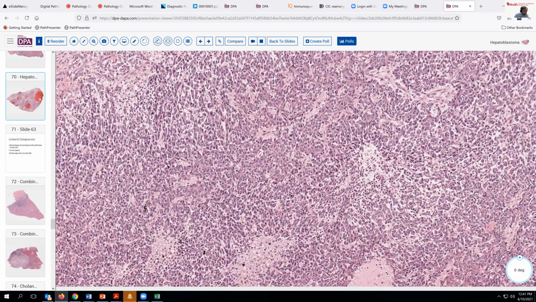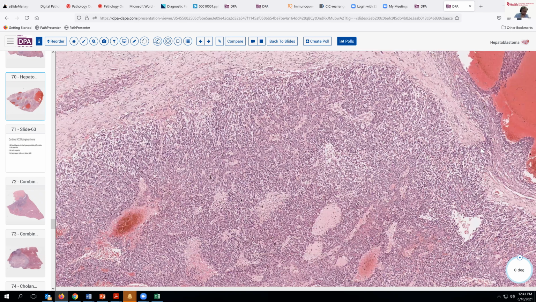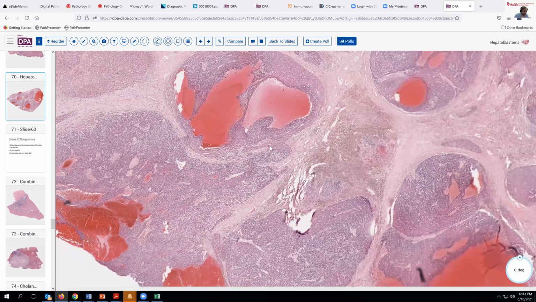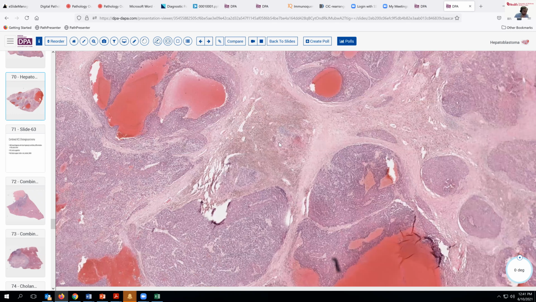Some necrosis can be seen in these tumors, and hemorrhage could be seen leading to hemosiderin deposition and so forth as they develop. So that covers the main pediatric tumor of concern in this population.